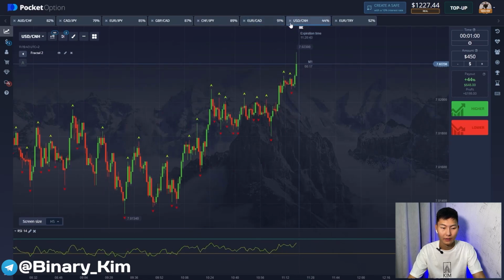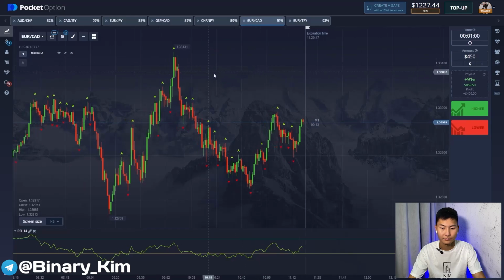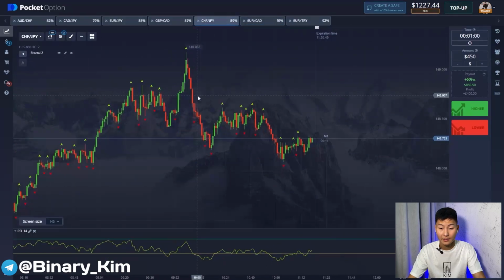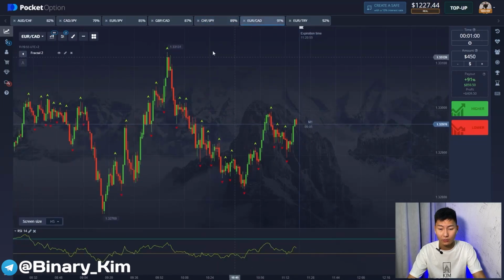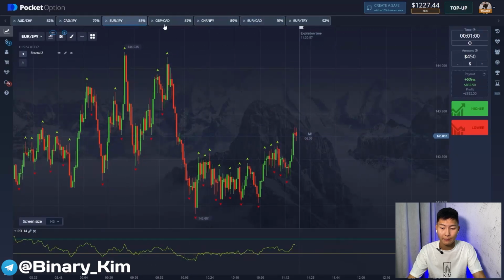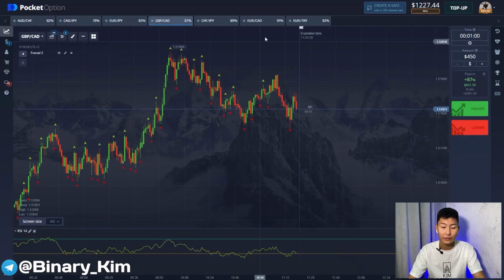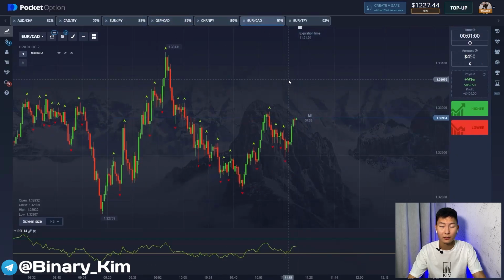So let's remove the bad payout rate and let's continue analyzing. As you can see, it's quite simple. By the way, you had better trade on a 1 minute time frame if you use my strategy. So, let's change the currency pair for the most profitable trade entry.